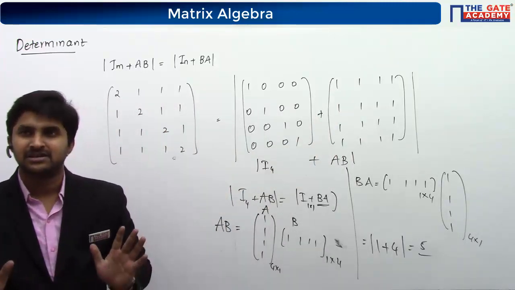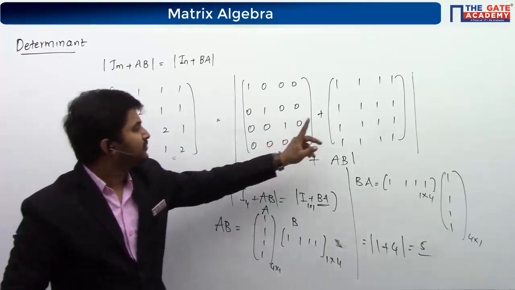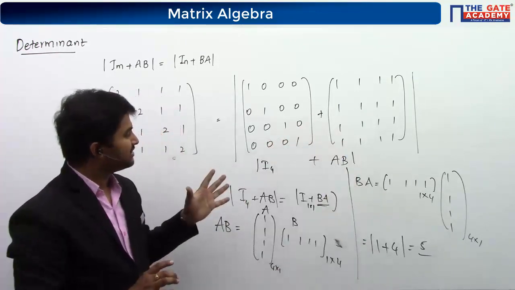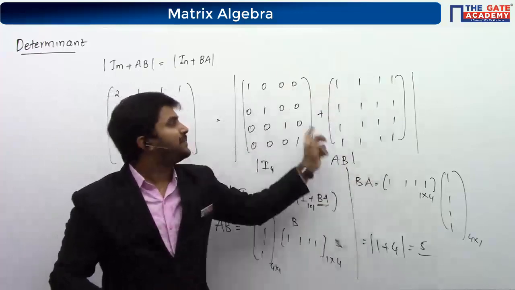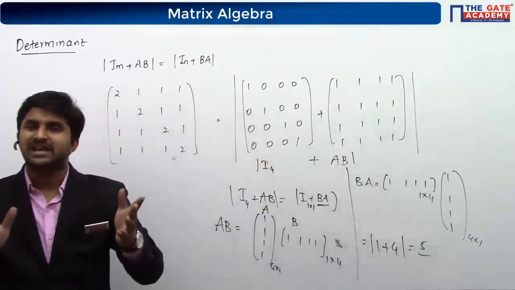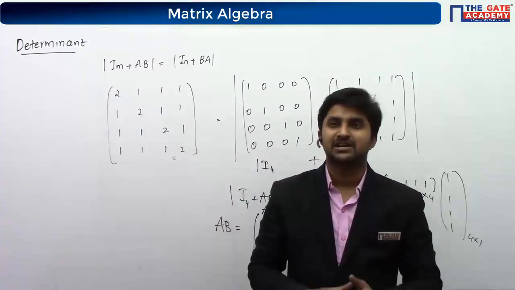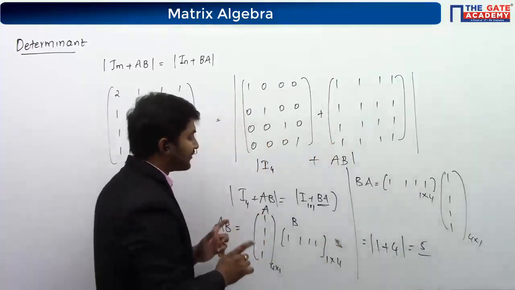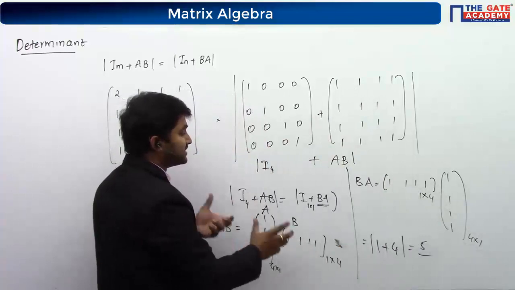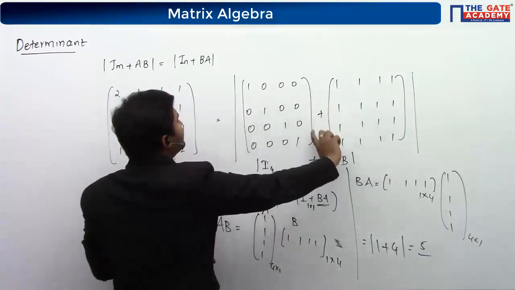So once we get this particular result, how can we have an AB which is going to be equal to all ones? It is possible when you are multiplying a column matrix and a row matrix. So that's why I have considered a column matrix and a row matrix in such a way that I can have all the elements as 1.